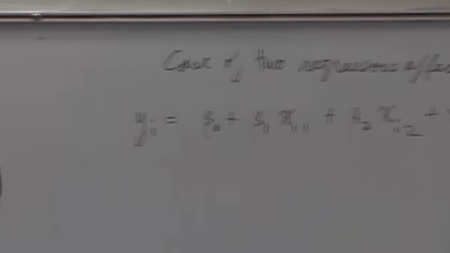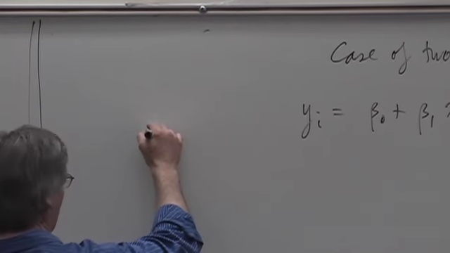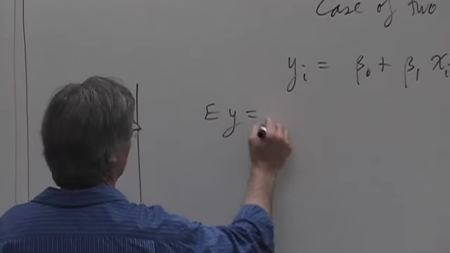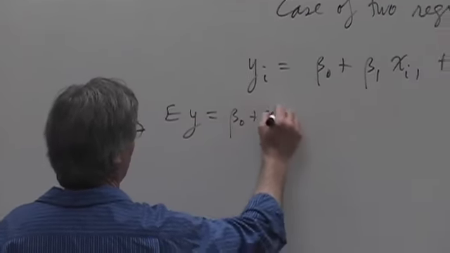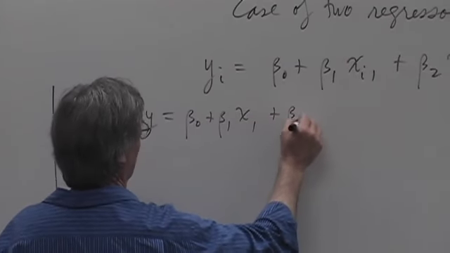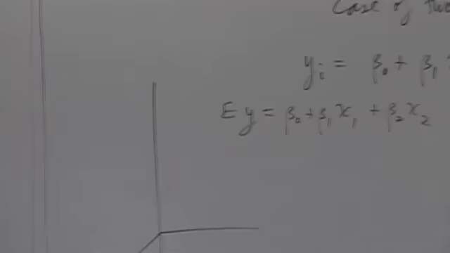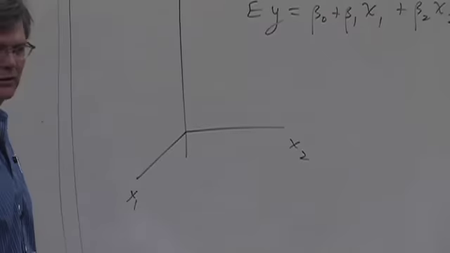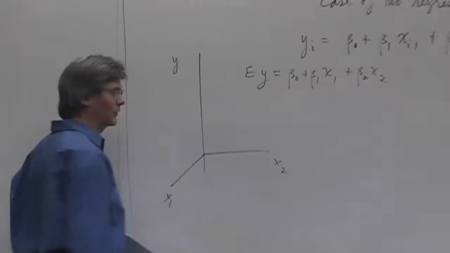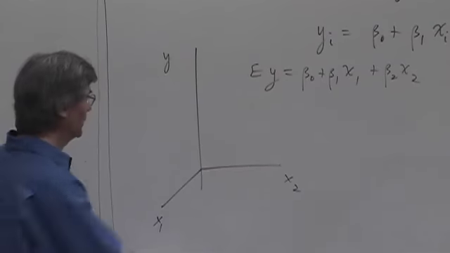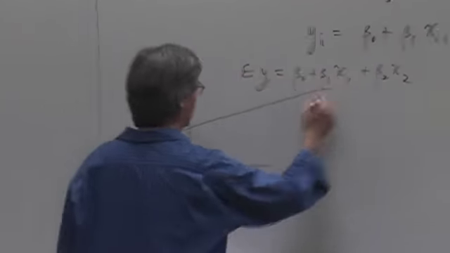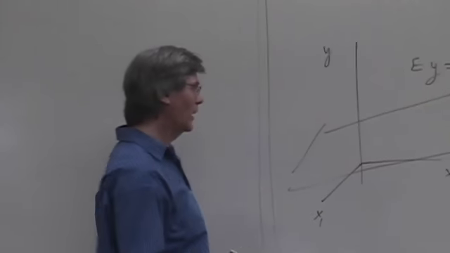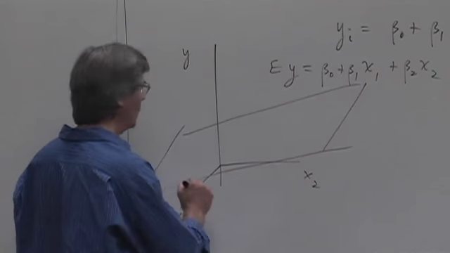What you would have is that the mean response, EY, equals beta 0 plus beta 1 x1 plus beta 2 x2. If you put x1 and x2 as 2 axes of a 3-axis system and y as the 3rd axis, then what you're getting with the model is some plane in 3 space, where your data would fall on, well, it wouldn't exactly fall on it.